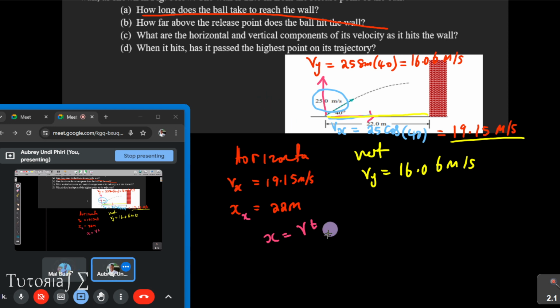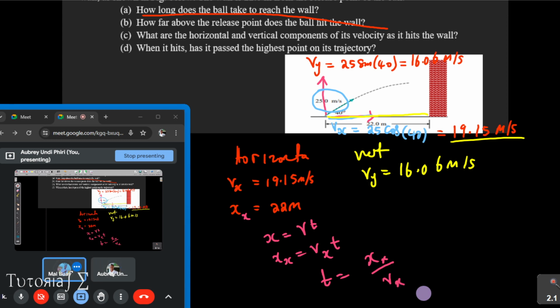Since we have displacement in the x and velocity in the x, we can simply find time. So time will be equal to displacement in the x divided by velocity in the x.